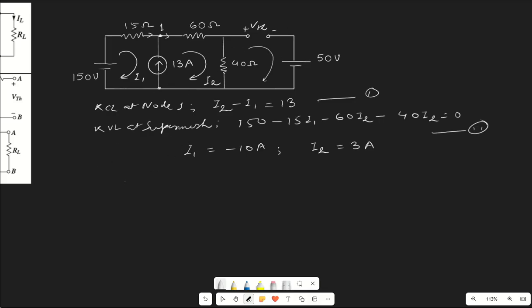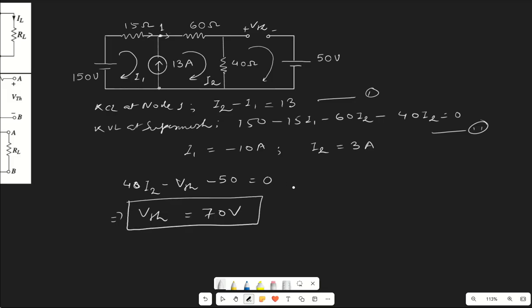It will be 40 I2 minus, in this direction VTH is negative, then minus 50 equals 0. So from here we will get the value of VTH and it will come out to be 70 volt. Okay, so we have solved for VTH.